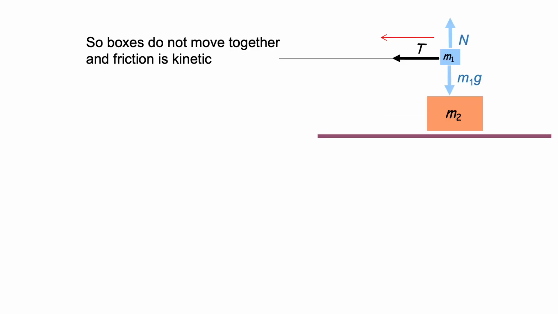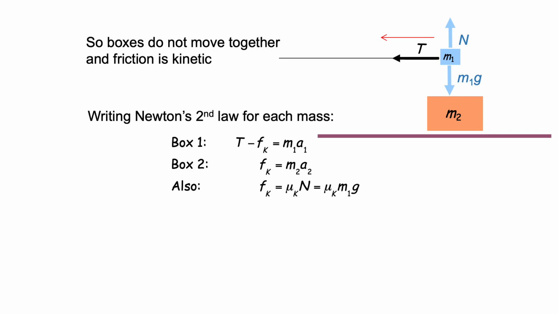So the boxes do not move together, and in this case, the friction is kinetic. If we write Newton's second laws for the two blocks, the first block is going to see the tension force pulling it to the left and the kinetic friction pulling it to the right, and that's going to be equal to the acceleration of the first block times the mass of the first block.